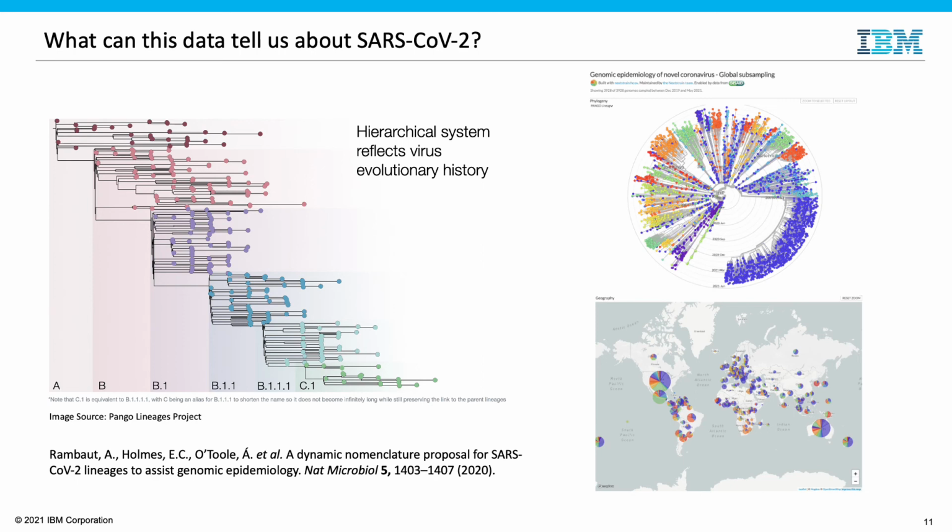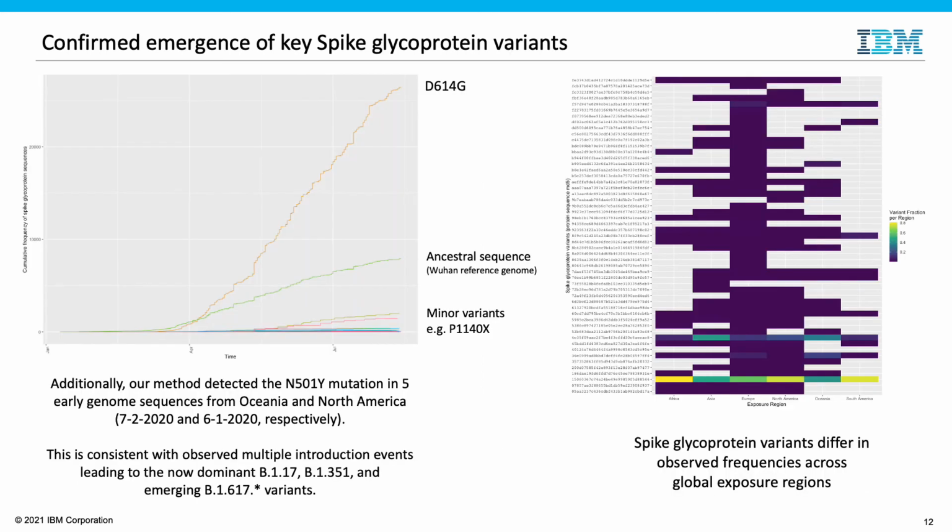What we looked at in the annotation of the corpus that we used in benchmarking this method is that we were able to identify the D614G mutation accurately and also better quantify the timeline in which it overtook the ancestral sequence. Beyond this, we were able to look into this corpus and identify the N501Y mutation.